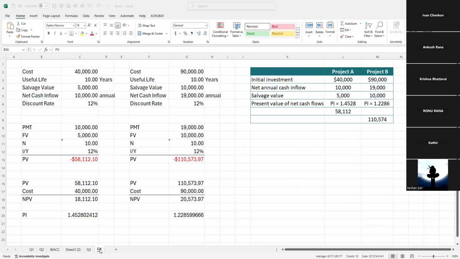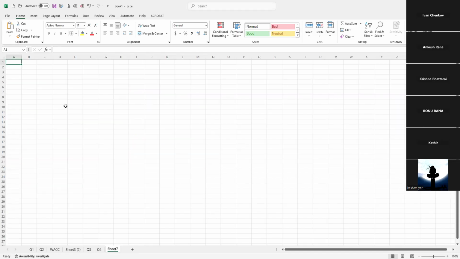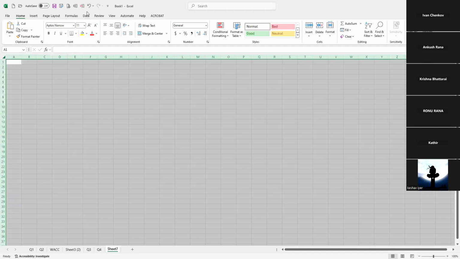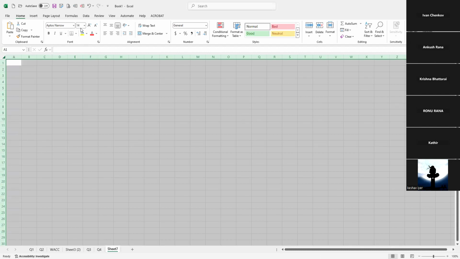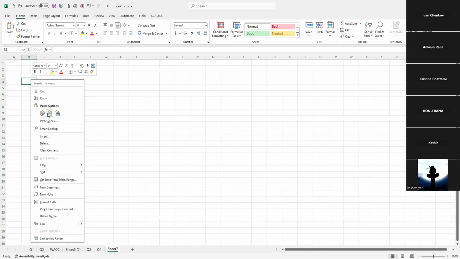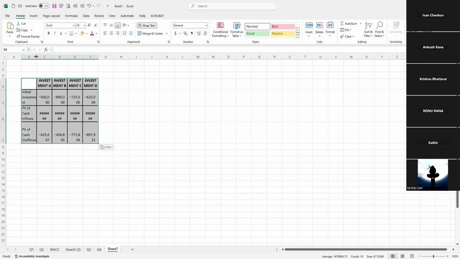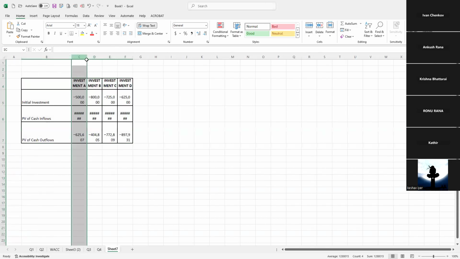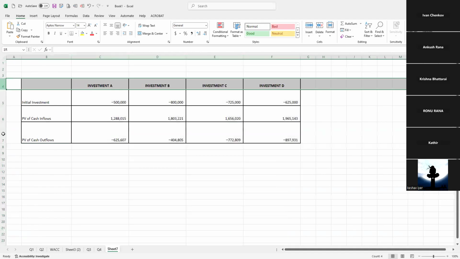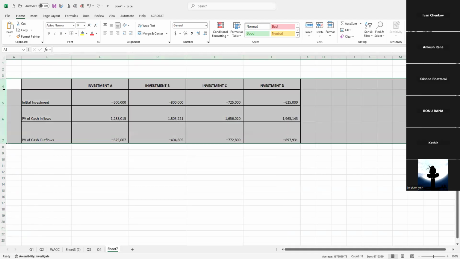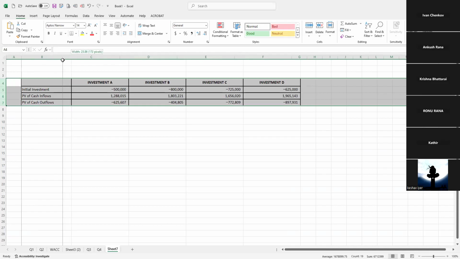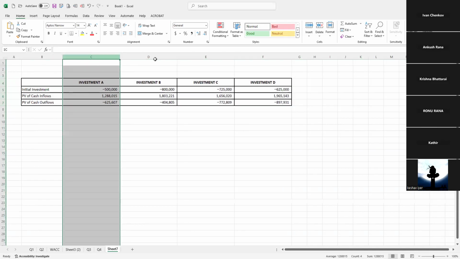Let's see if that's going to happen. Yes, it easily flips to Excel. But I have to extend it a little bit, change the formatting, and make it bigger for you to see it, and do the calculations.